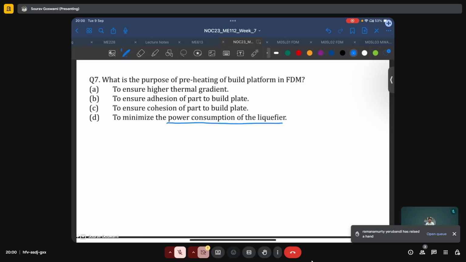Cohesion of the part to the build plate would have come into the picture if the deposited material would be the same as the material of the build plate. However, we know that typically in an FDM like process, the build plate will be metallic. It will be flexible but still made of some metallic alloys, whereas the deposited material will typically be some polymer or thermoplastic. So cohesion does not come into the picture.